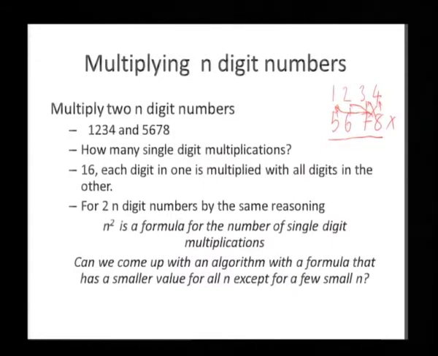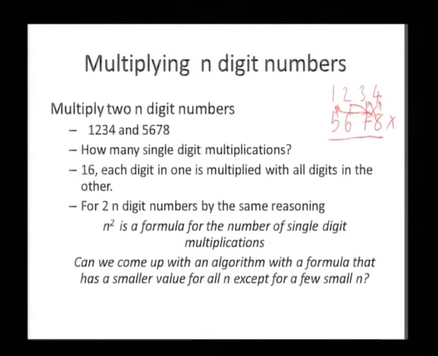Can we come up with an algorithm, and along with the algorithm write down a formula for the number of multiplication operations performed by that algorithm, and that formula must be smaller than n square for all values of n except for some finite number of n.